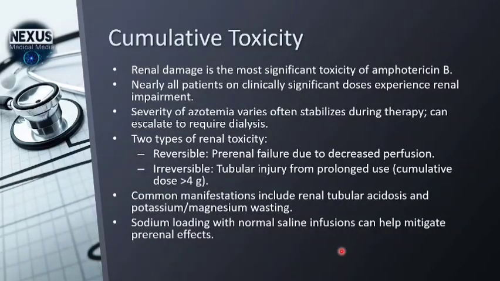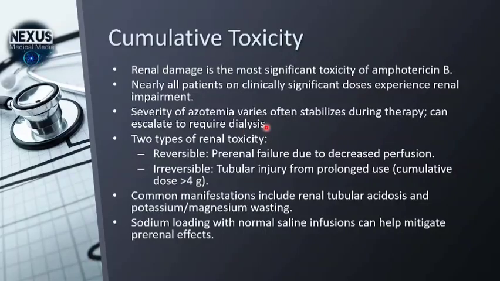Next is the cumulative toxicity, right? So renal damage is the most significant toxicity of amphotericin B, and nearly all patients on clinically significant doses will experience renal impairment. And the severity of azotemia varies, but it often stabilizes during therapy. But in some cases, it can escalate to the point of requiring dialysis, right?